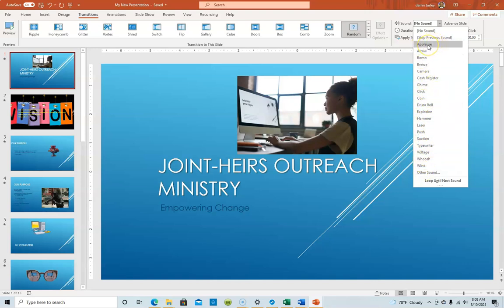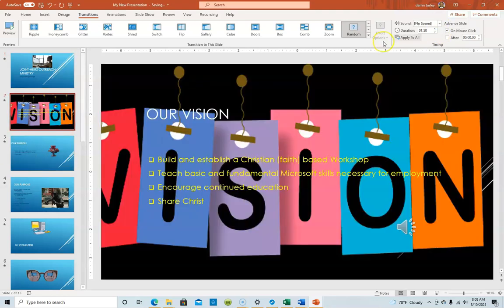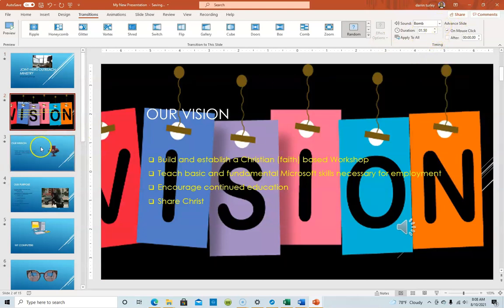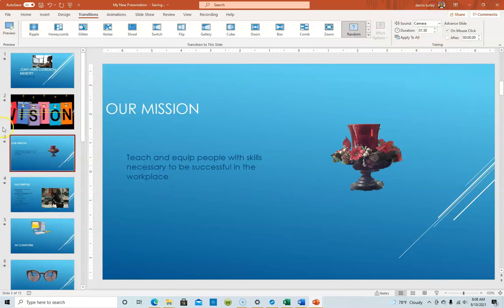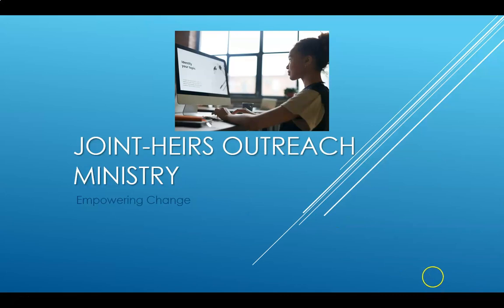Let's do applause. And then on the second one, let's do the sound of a bomb. And then we do one more, the third. Let's go camera. Now when we go back through here, you should have a sound effect. Go to slide presentation.